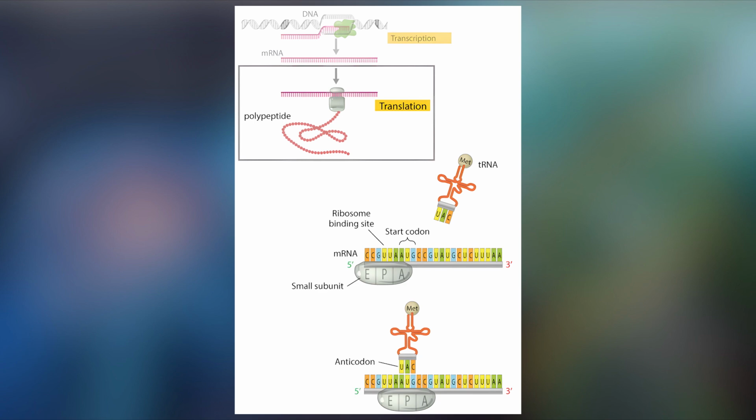Okay, so the translation process is conceptually reasonably simple once we've got all the component ingredients in place. It all starts with a start codon. I'm simplifying this a little bit, but basically the start codon is just a codon which doesn't actually correspond to any amino acid, but just tells the whole process to get started.